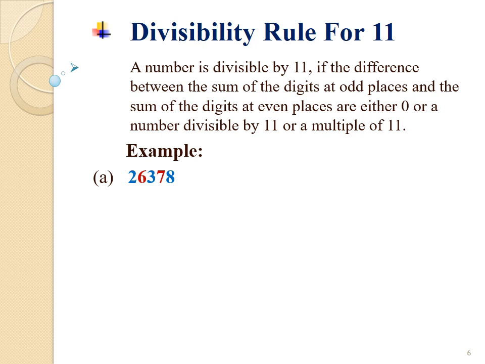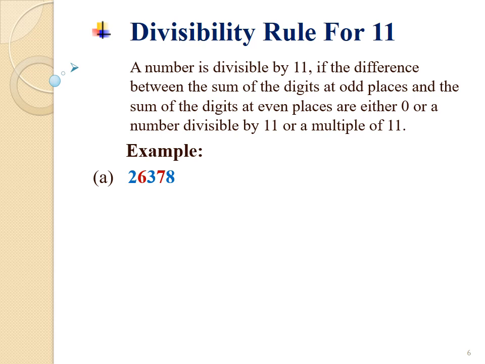Students, in order to check whether 26,378 is divisible by 11 or not, we have to follow 3 steps. They are: step number 1, we have to find the sum of the digits at all the places. Step number 2, we have to find the sum of the digits at even places.